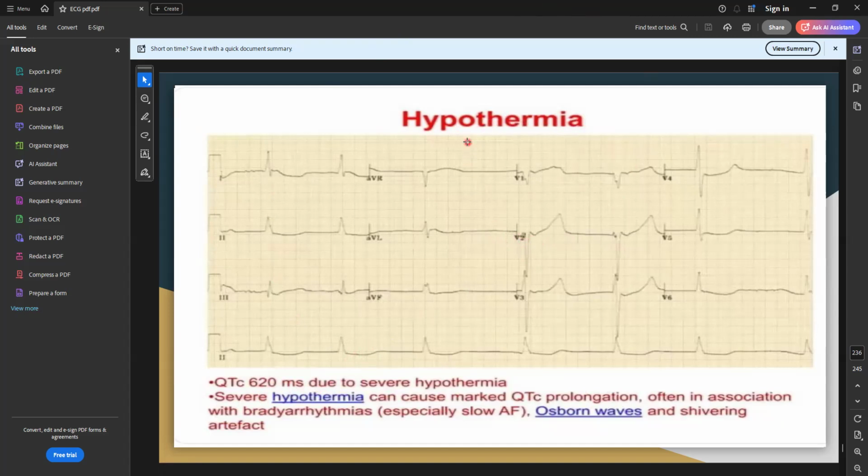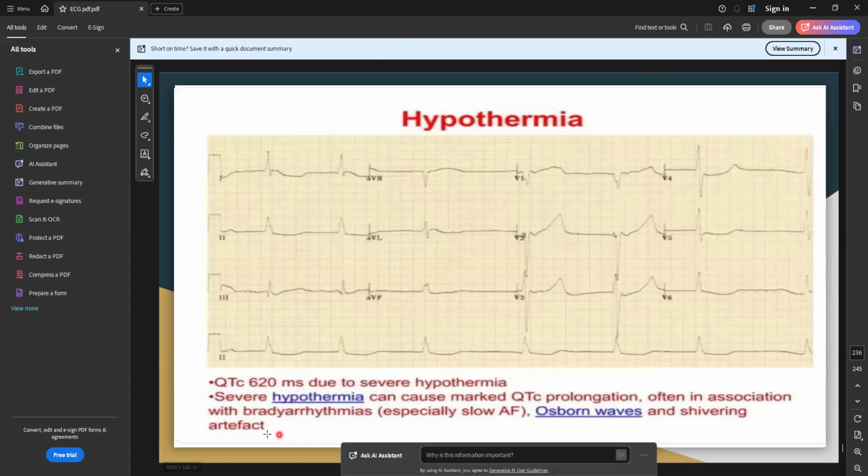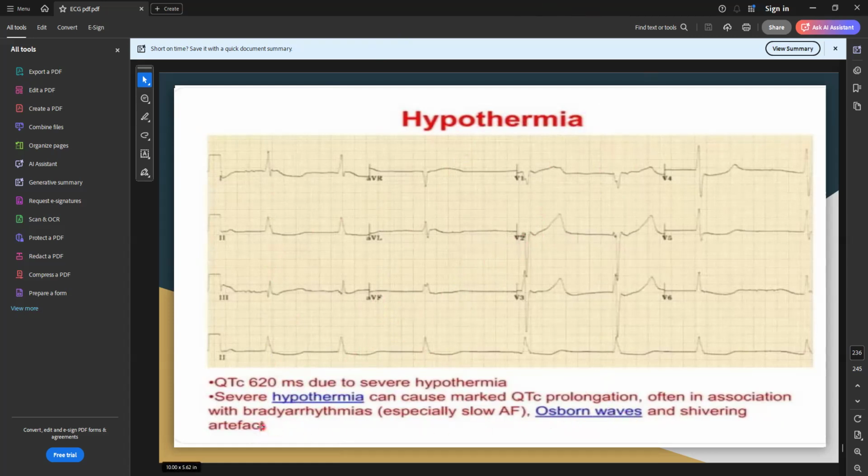Most of the time, these hypothermic patients with QT prolongation are associated with bradyarrhythmias, especially slow atrial fibrillation. As the hypothermia becomes severe, there will be presence of Osborne waves and shivering artifacts. But most of the time, this prolonged QTC will return to normal once the hypothermia is corrected.